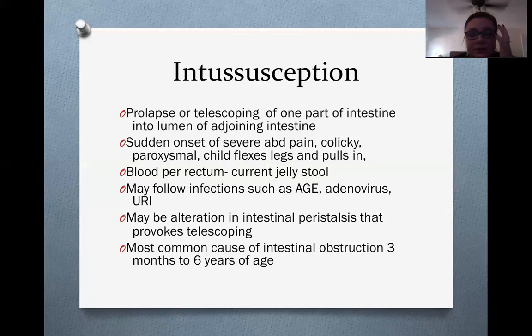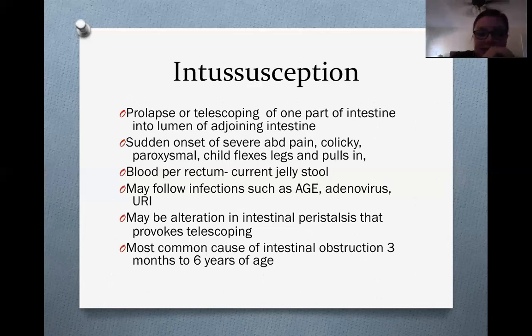Okay, intussusception. This is a fairly uncommon but important abdominal emergency. Most common cause of intestinal obstruction from 3 months of age to 6 years of age. So again, this is something we want to file in our memory and not miss, especially because we see this in young infants sometimes.